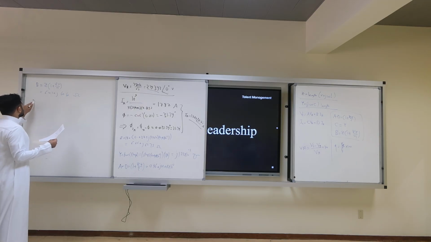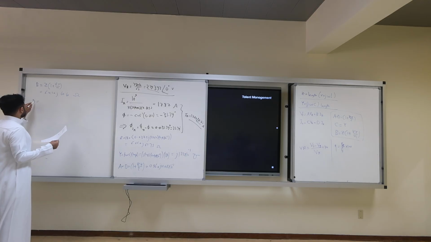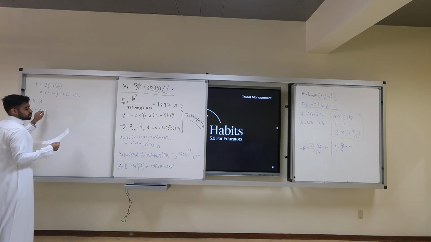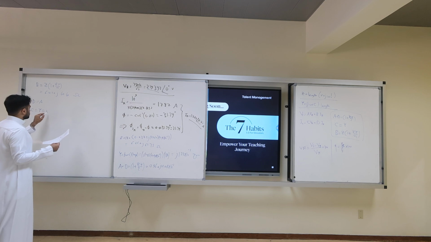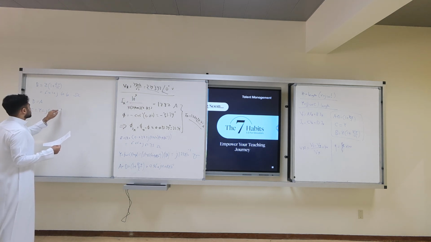And then D equal to A. And then C would equal to Y, which is j times 1.22 times 10 to minus 3, and it has a unit of Siemens or mho.